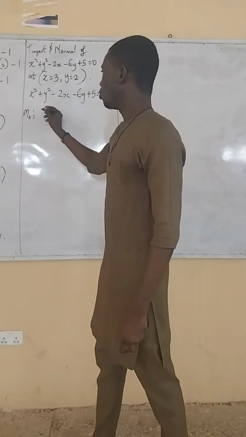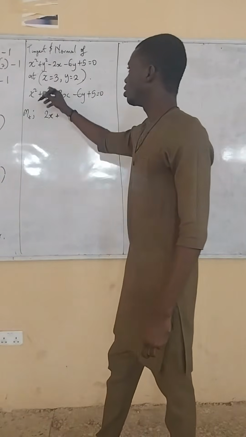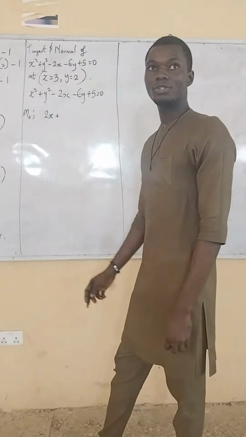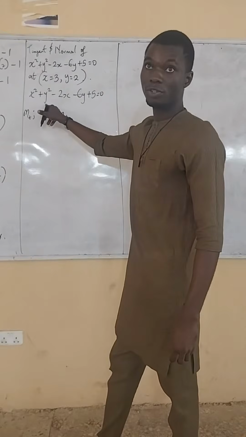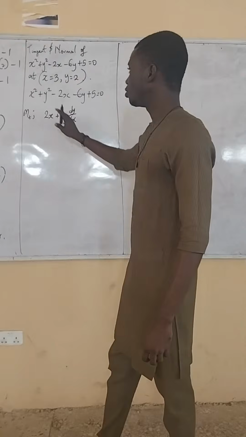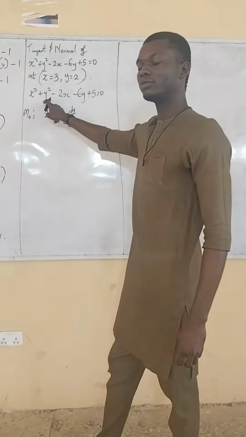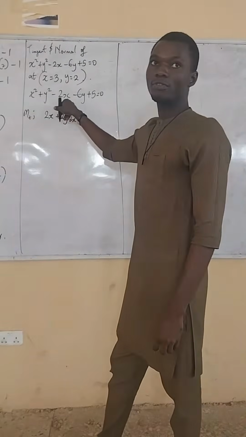Now let's see. This one we have 2x plus the derivative of y squared, which is 2y. But when you find the derivative with respect to y, we are going to add dy dx to this one. Then minus the derivative of 2x, which is 2.